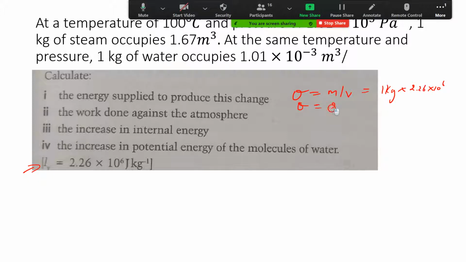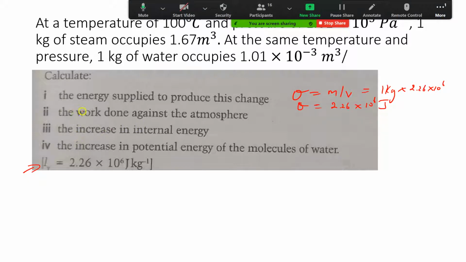So in this case, that is going to be 2.26 times 10 to the 6 joules. All right. So having said that, we know the heat energy.